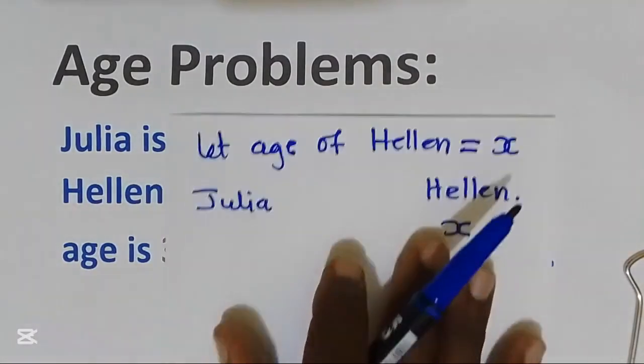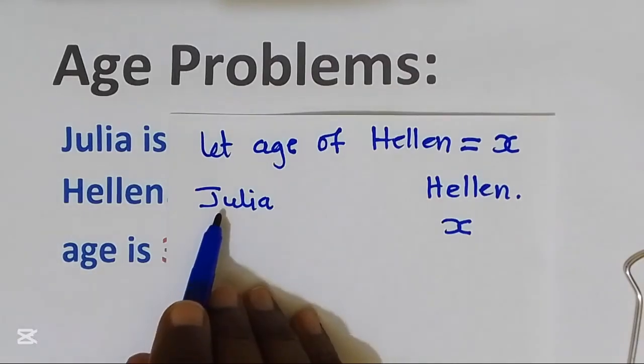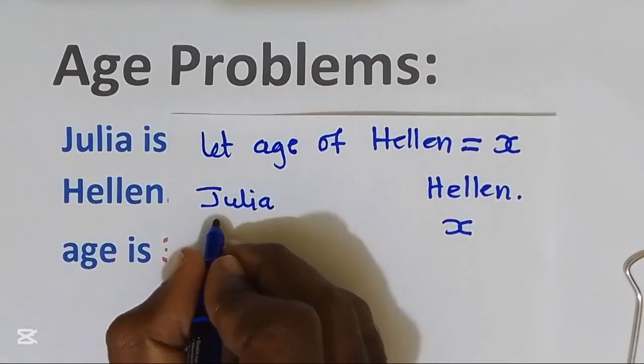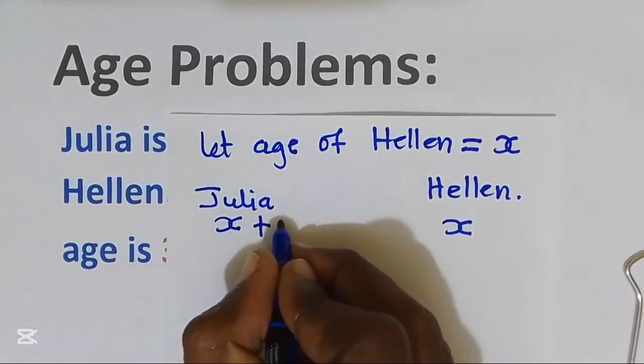Now, that means the age of Julia is x plus 3. So, Julia is going to be x plus 3.